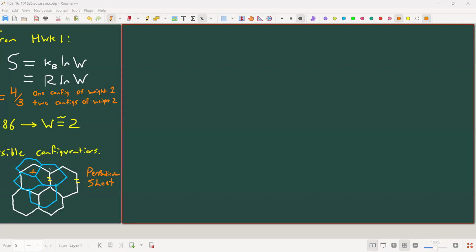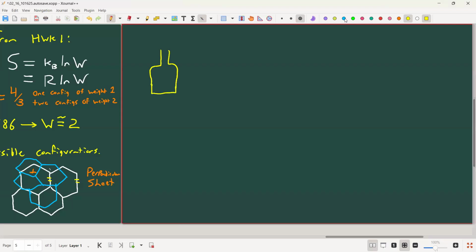Imagine that we have a container of water that we set to 298 Kelvin, and we're going to heat it just like before. This is open pressure. We're going to put water in here.